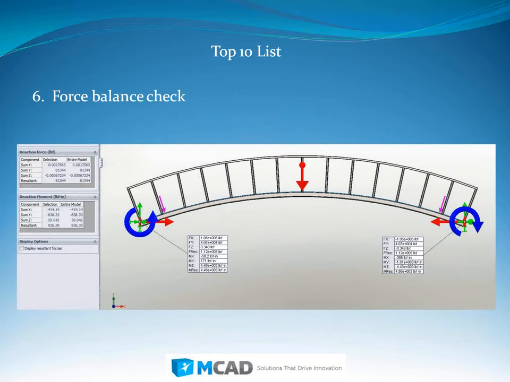And when we do that, we get a graphical representation of the forces involved, and we get this chart that tells us what our resultant forces are for those areas that we've selected as restraints. And here you see confirmation that we have approximately 81,300 pounds in a reaction load for the checking of our input. So very important to do that, to do the due diligence for any simulation study.